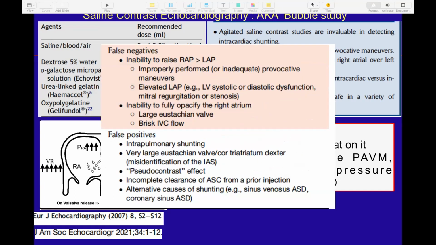There are numerous causes of false negatives with a bubble study and numerous causes of false positives. I think false positives are the more challenging ones because you give a wrong diagnosis to somebody, obviously. A eustachian valve can sometimes create the scenario of what looks like a septum, but it's actually a very large eustachian valve. So just be aware of all of that.